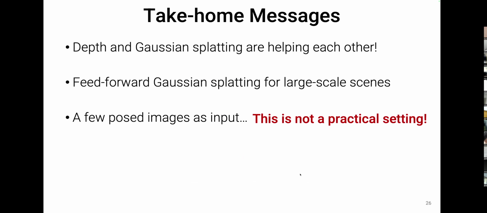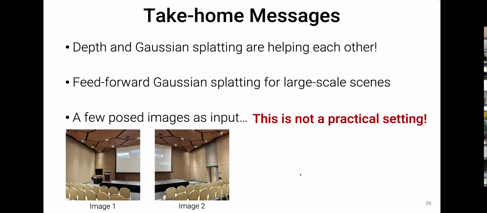Now the problem is that this is actually not a practical setting, because how can we actually get the camera poses from just two camera views? Imagine we have two views like this. Again, these two images have no overlap with each other.